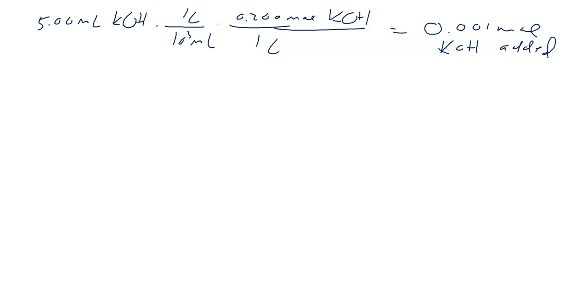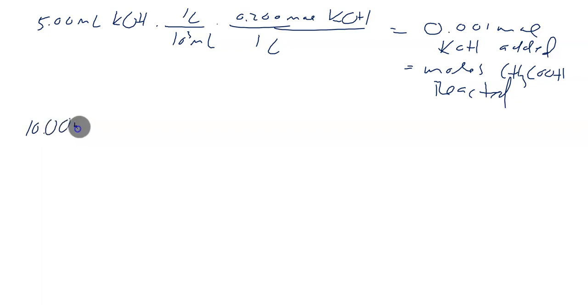So this is also equal to the moles of the acid reacted. So if you look at the initial amount of your weak acid, we have 10 mL of CH3COOH, convert it to liters like we like to do, and then convert to moles.